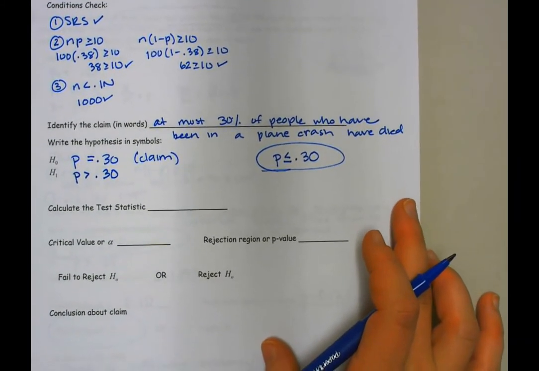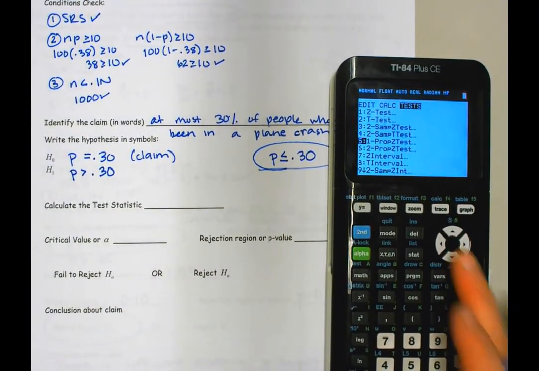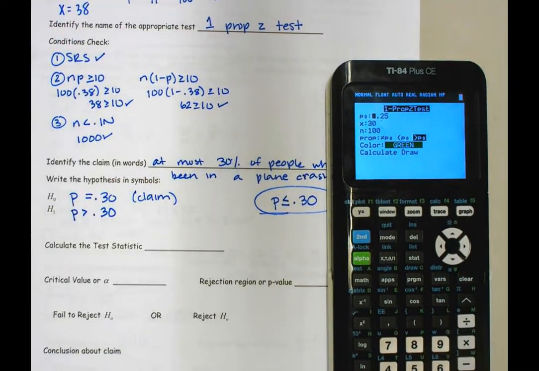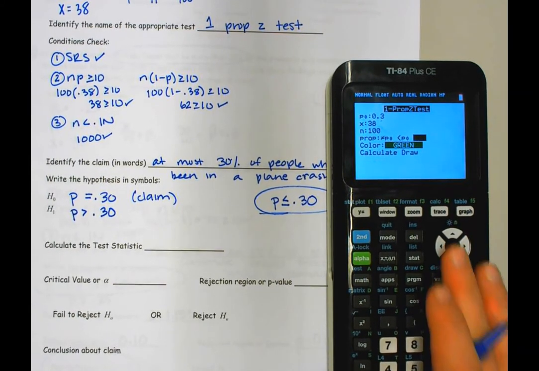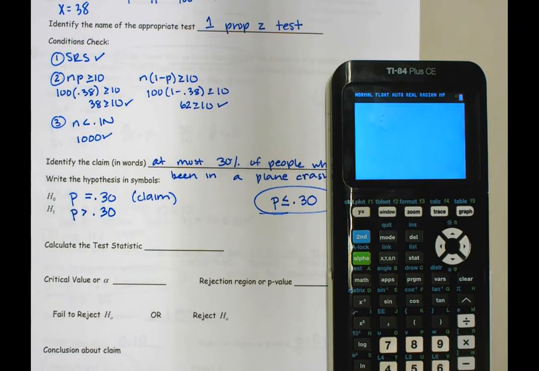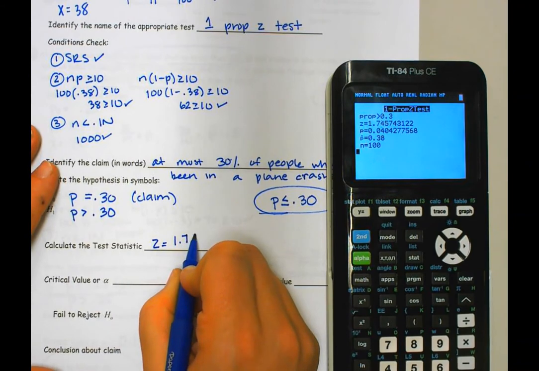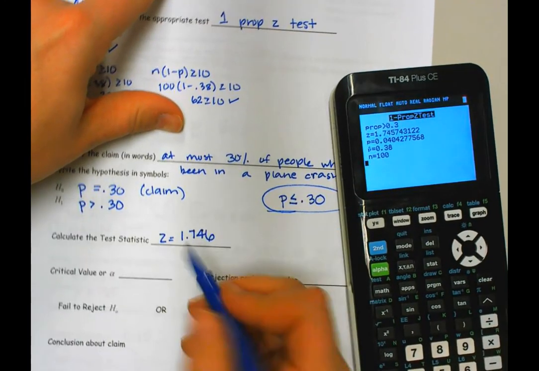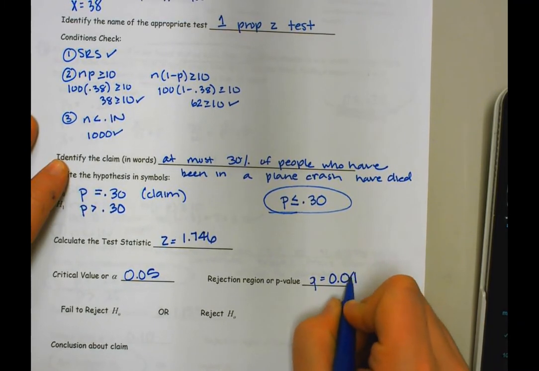All right, so now we're ready to run our test. We'll hit stat, go over to test. We're doing a 1 prop z test still. Our initial p-value was 0.30. Our x value is 38, our n value is 100, and then we're claiming that it is greater than that 0.3. So we get a z value of 1.746. We're testing against a significance level of 0.05, and we got a p-value of 0.040.